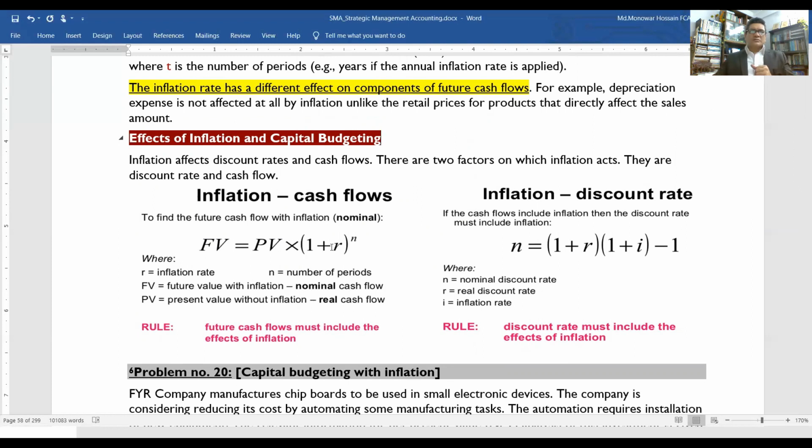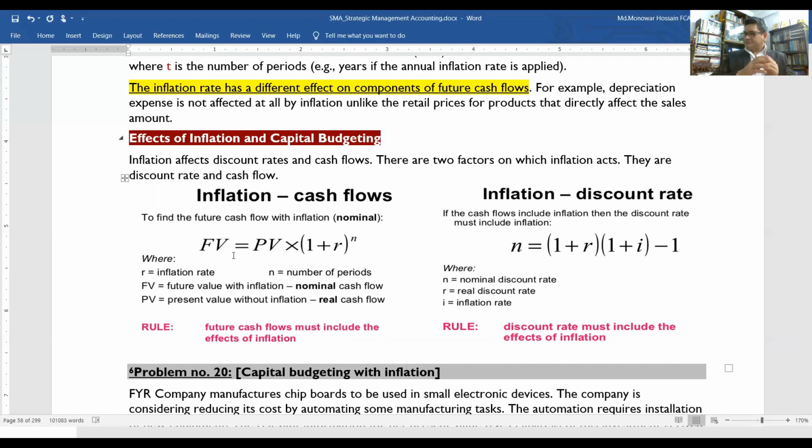Look here, FV, the future value with inflation, the nominal cash flow, equals PV, the present value without inflation, that means real cash flow, over the number of periods. So the rule is that future cash flow must include the effect of inflation.